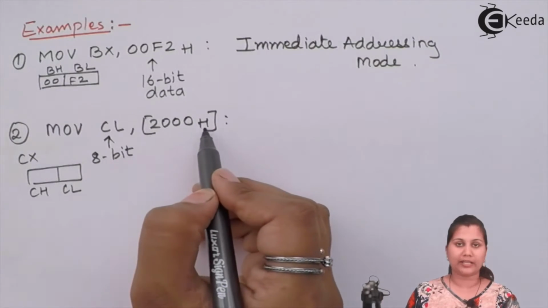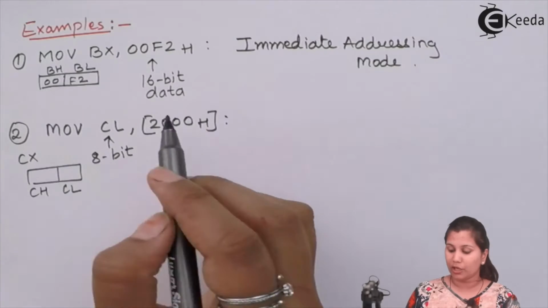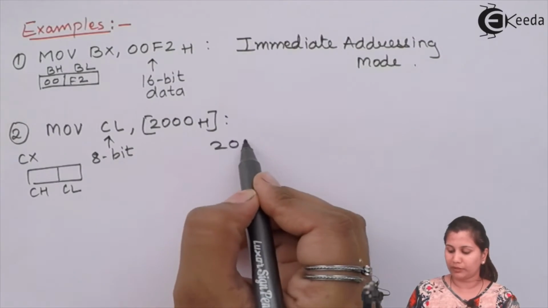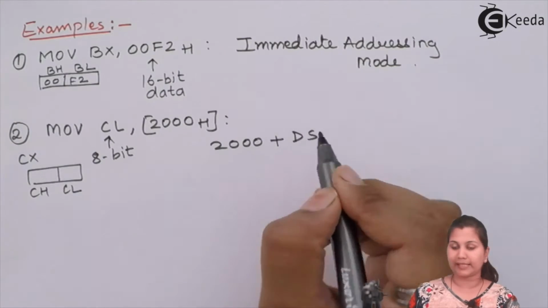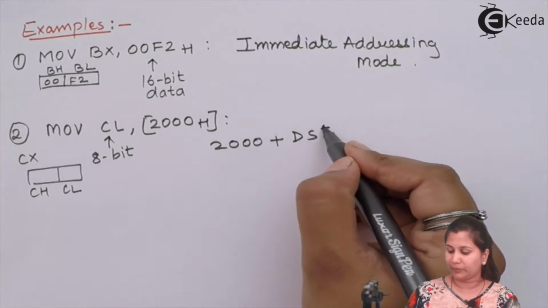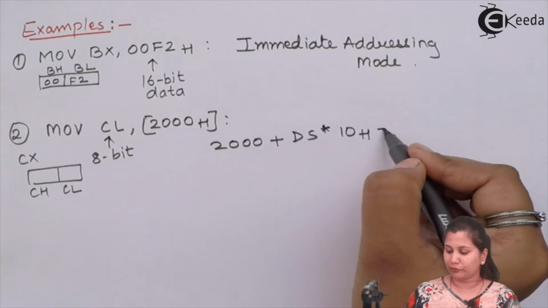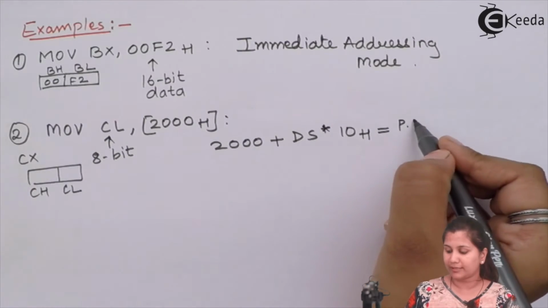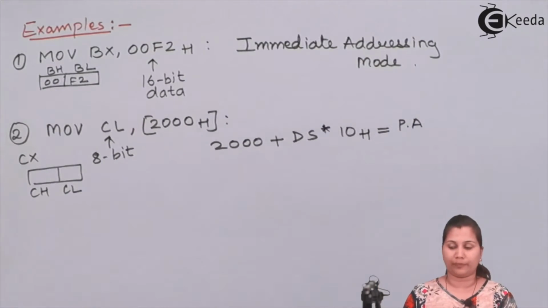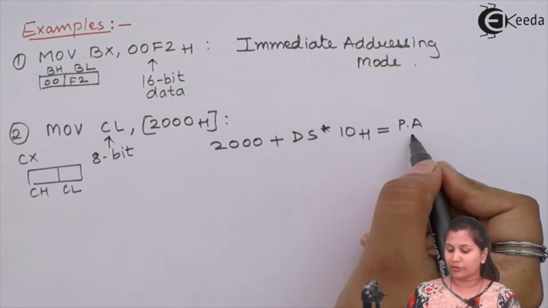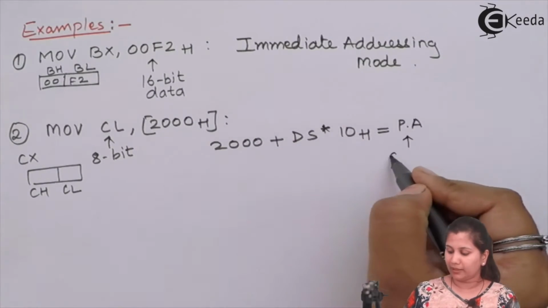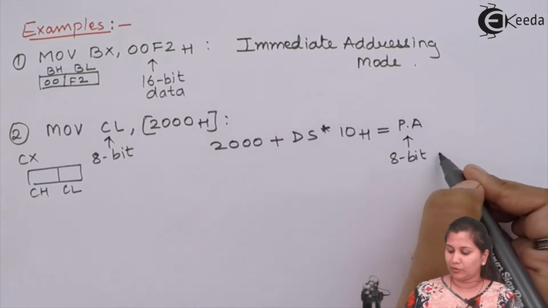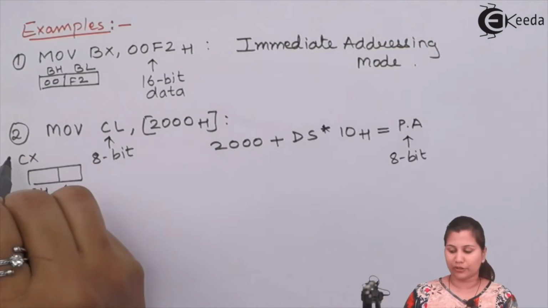And 2000h is the effective address. This address 2000 will be added to the data segment address, that is the segment address multiplied by 10h. That will be the physical address of the memory location. In that memory location the 8-bit data is stored, and that 8-bit data will be copied into the CL register.